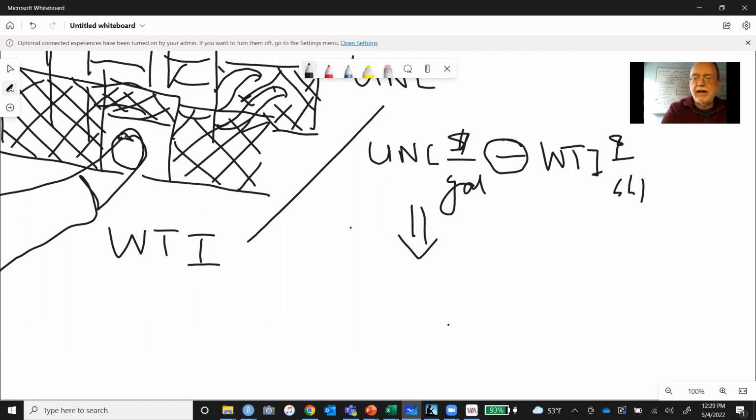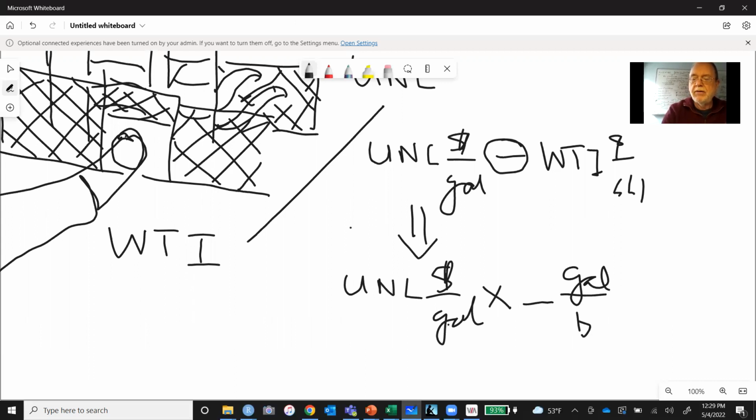Now, in order to do that, we take whatever the UNL might be, $4 a gallon, for example, multiply it by some other number, which will be gallons per barrel. That's a conversion factor. Of course, most everybody knows this. And certainly for the US system of weights and measures, in this case, volumes, a barrel is 42 gallons. Please look that up.